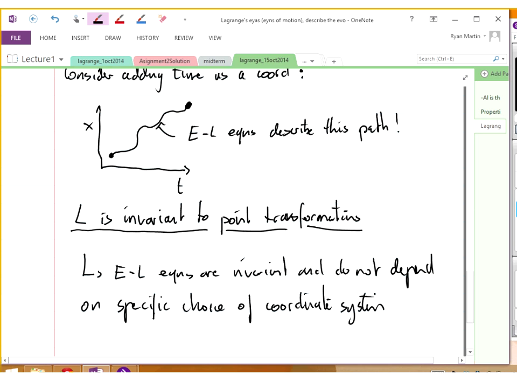So it says we can choose to describe the system in polar coordinates, or we can choose to describe the system in Cartesian coordinates. It's not going to affect how the system evolves.